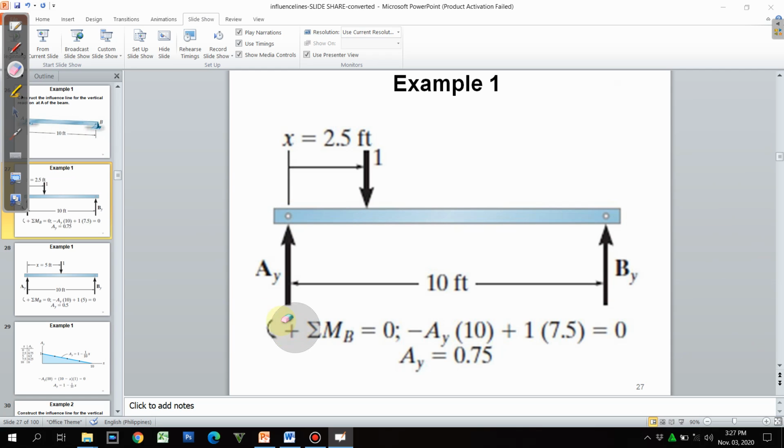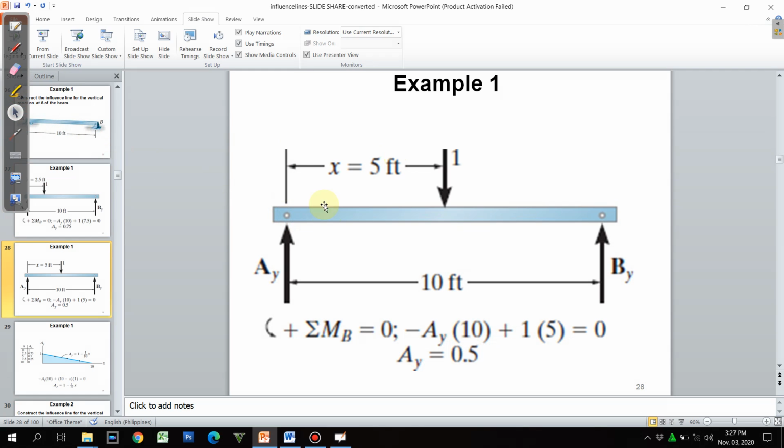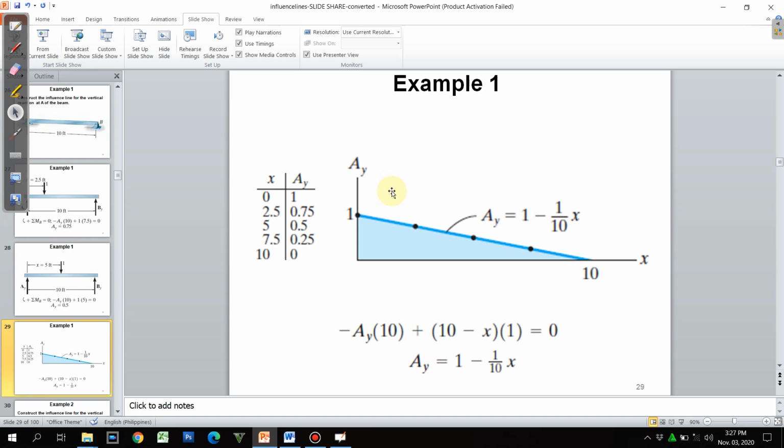So moving on, we transfer 1 to x equal to 5, and so on and so forth, and this will be the tabulated data. The tabulated data will be plotted, and upon plotting you will now have your influence line for the reaction at A. So this is the figure.